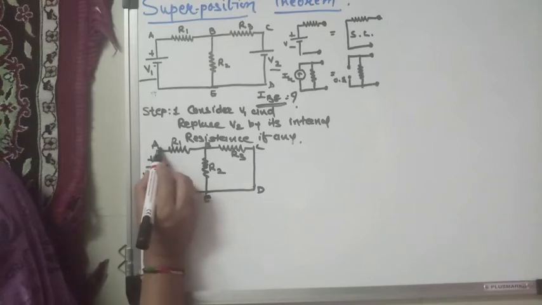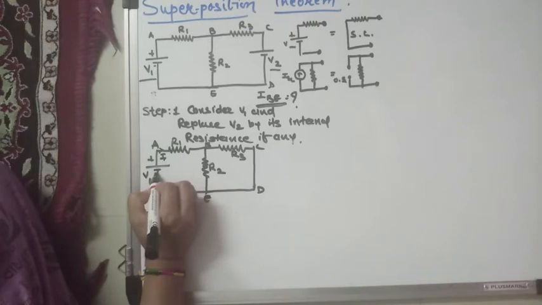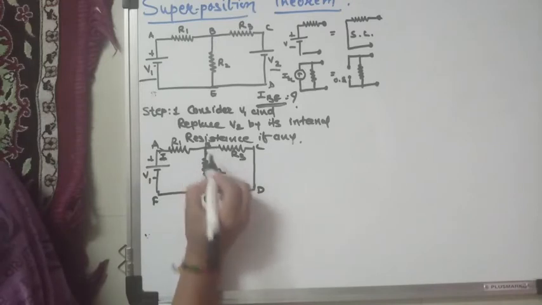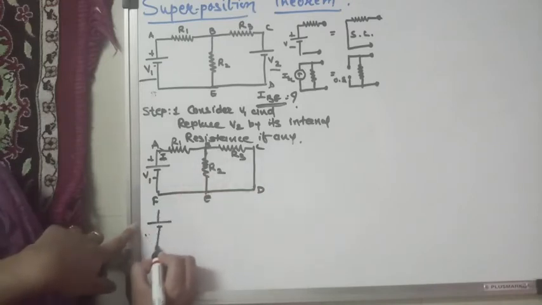I is the total current supplied from the voltage source V1, and this total current I is divided into two branches.